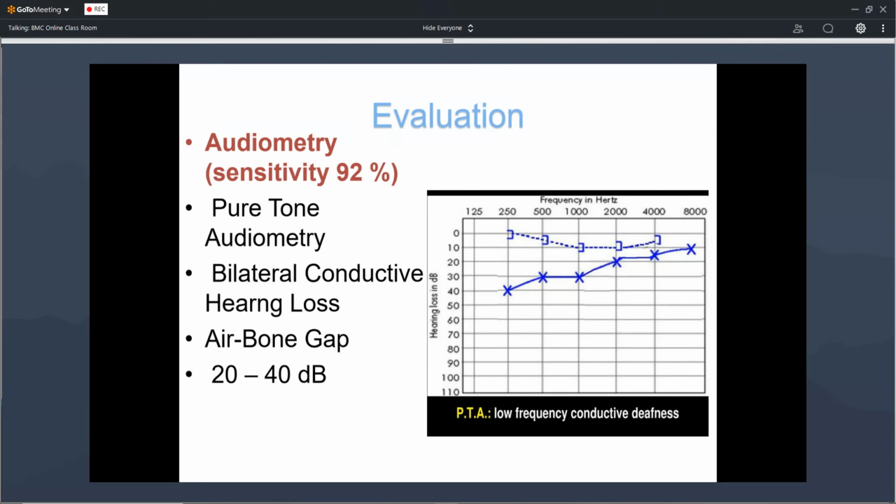In the Valsalva maneuver, we create a positive pressure in the middle ear cavity so that the membrane will move into the external auditory canal. In Siegelization or with the Siegel speculum, we create positive pressure in the external auditory canal so that the membrane will move into the middle ear cavity. So you can observe the movement of the tympanic membrane by using the otoscope. So that is the signs on clinical examination.